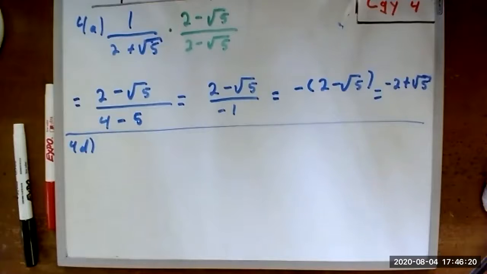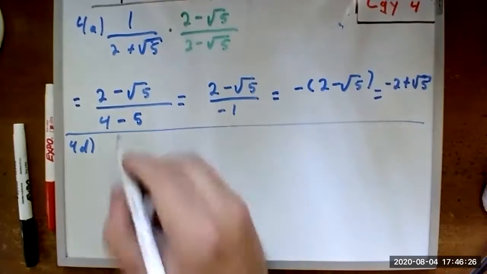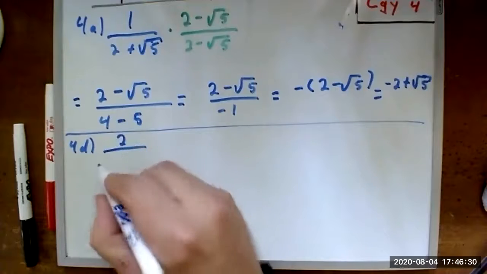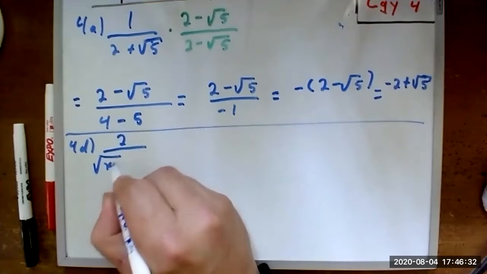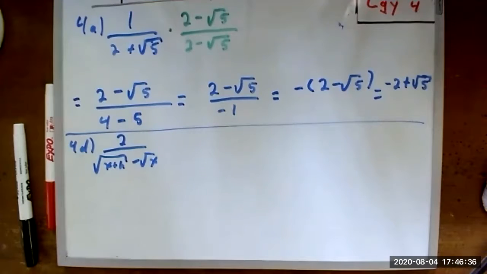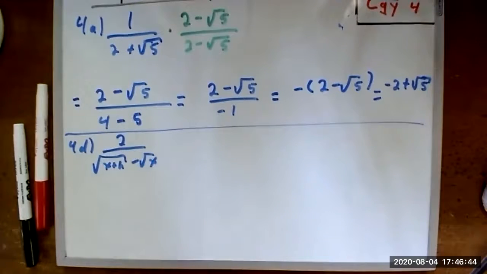I'm going to see if I can squeeze D in underneath here. So D is saying 2 over the root of x plus h minus the root of x.